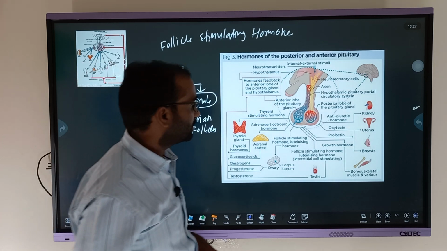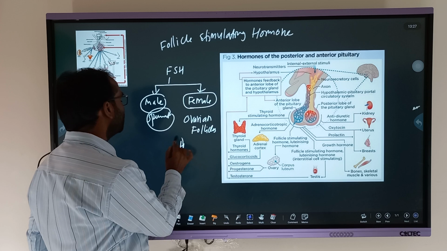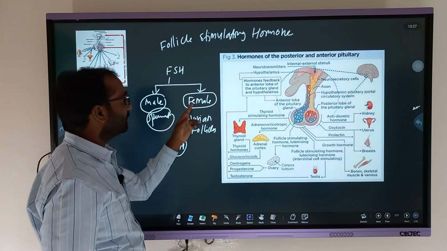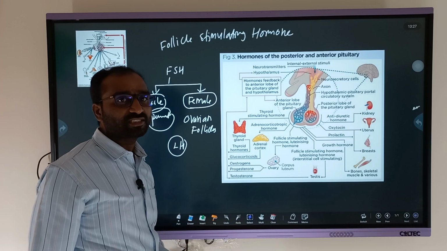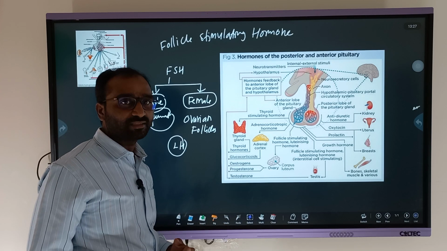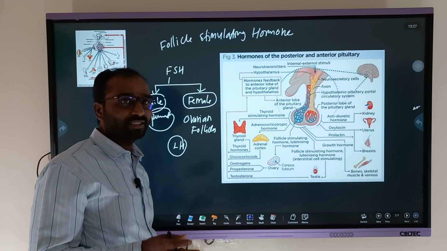Right? The next one is LH, luteinizing hormone. Here the ovarian follicles are stimulated by the FSH hormone. Stimulated in the sense what? The ovarian follicles are stimulated.